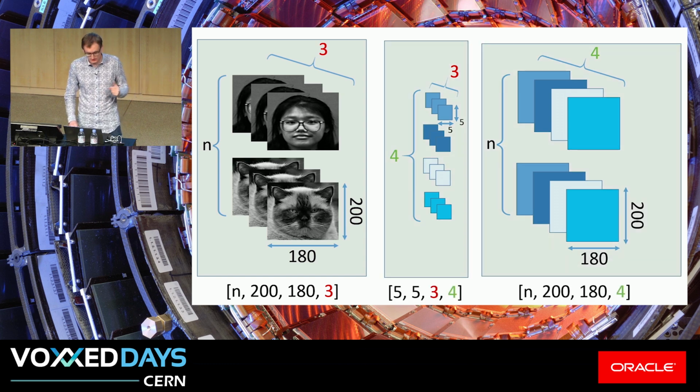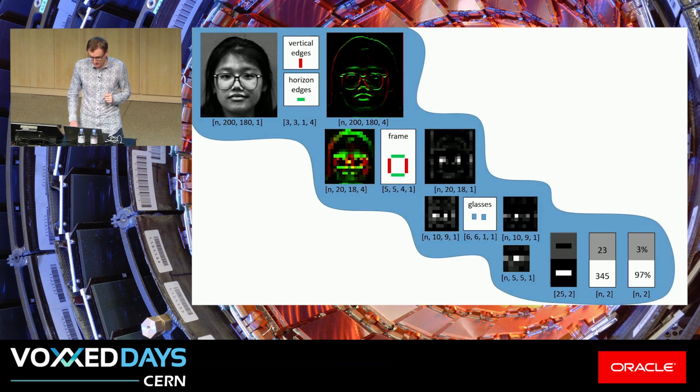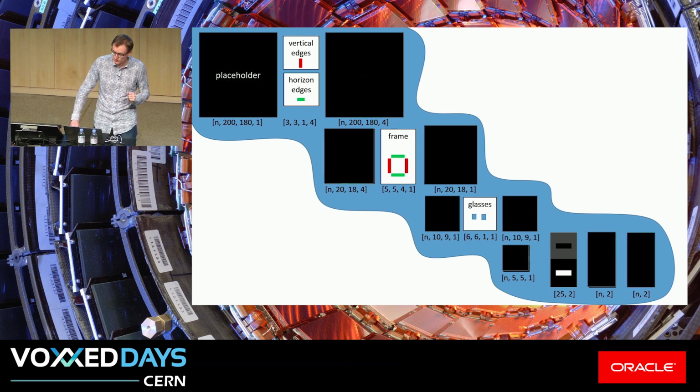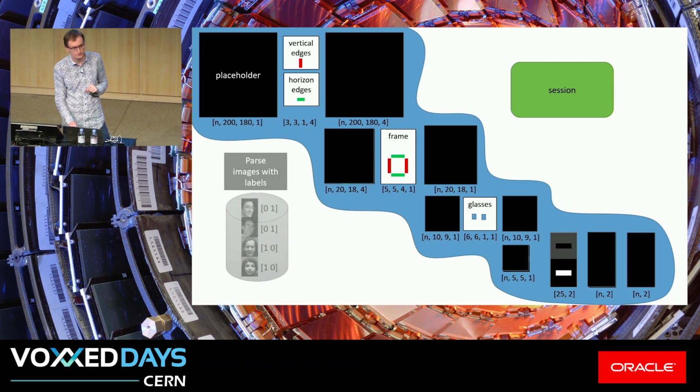What is important here is that, in fact, here we are designing a graph of TensorFlow. And there is actually a library with that name, so we'll use it. We first create an empty graph, and then we'll use a session to feed the data placeholders with our images from the disk.